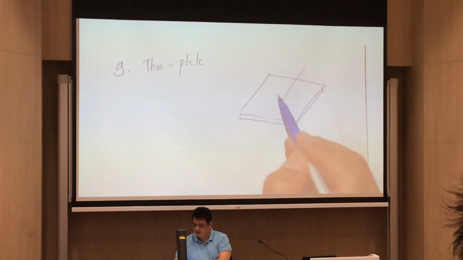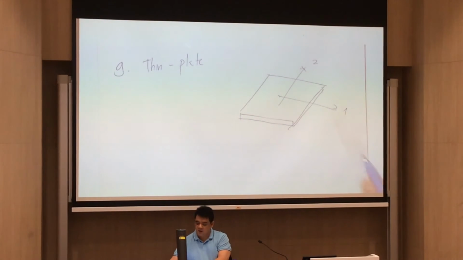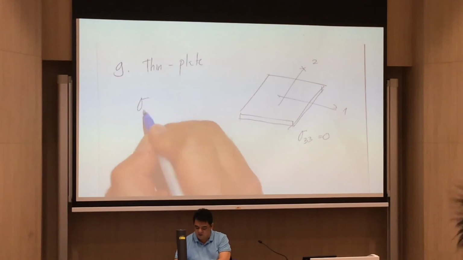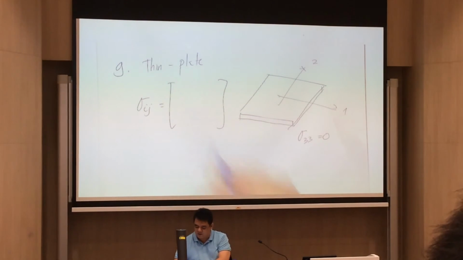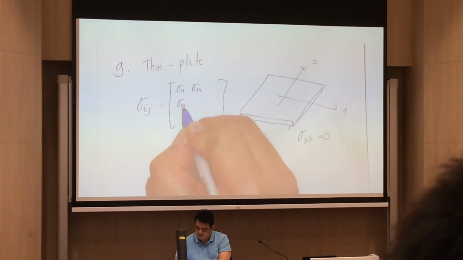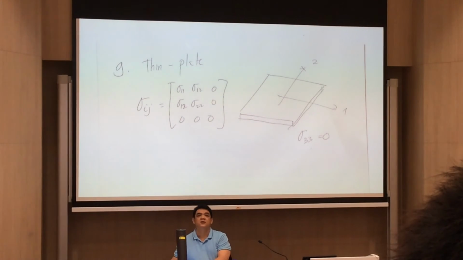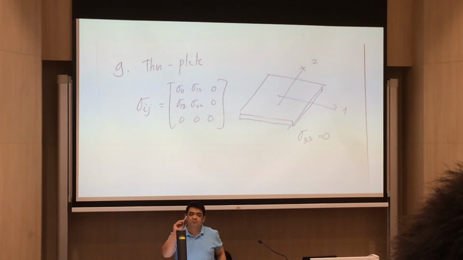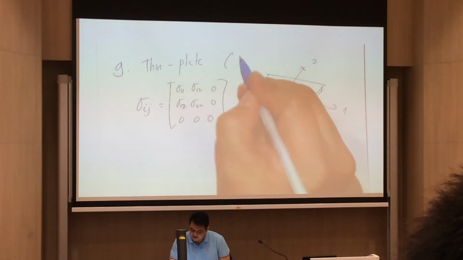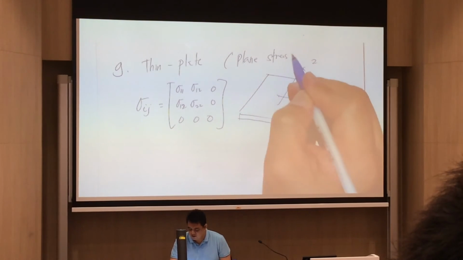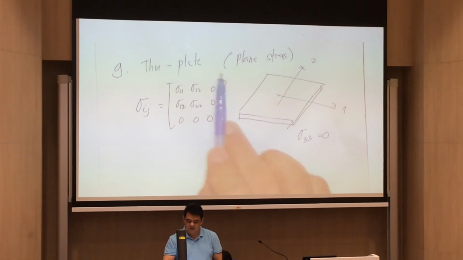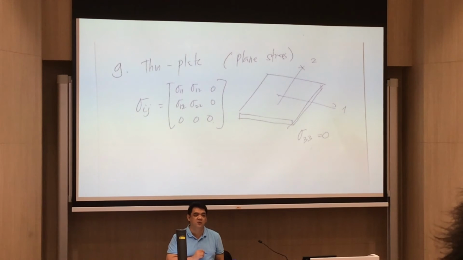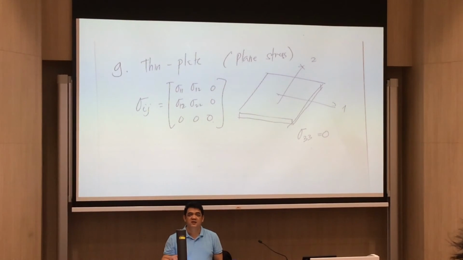Assuming that's 1, that's 2, your sigma 33 will be equal to 0, and all the other shear stresses related to that third axis will also be 0. If you write this using a 3 by 3 matrix, that's sigma 1, 1, and so on. For plane strain, you will have a sigma 33. The 4 other parameters are 0 if you're looking at the plane strain assumption. So this one is plane stress.